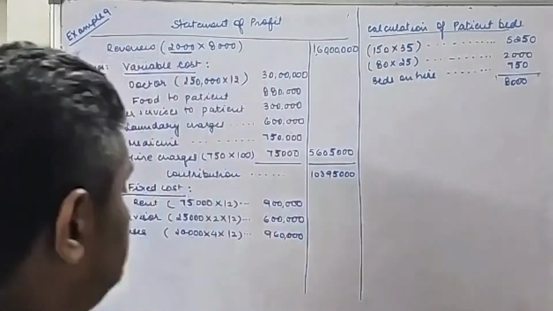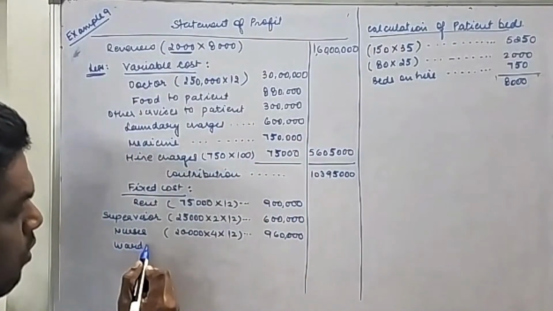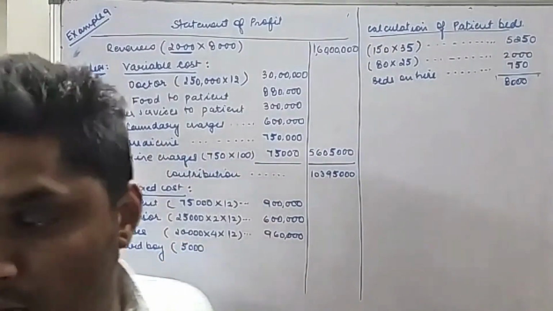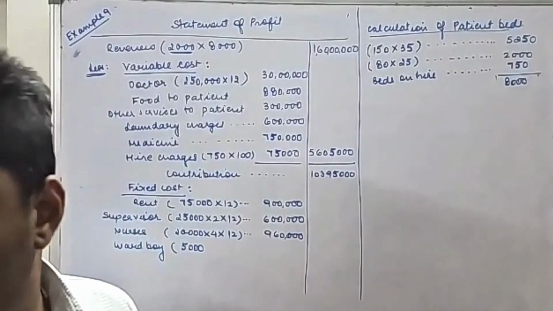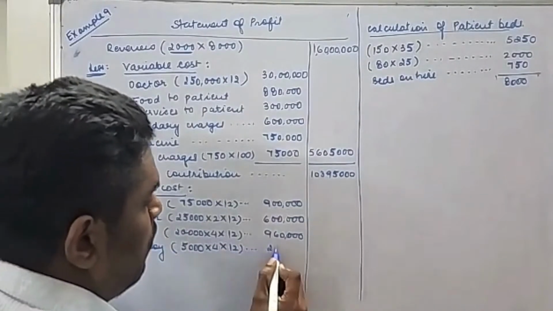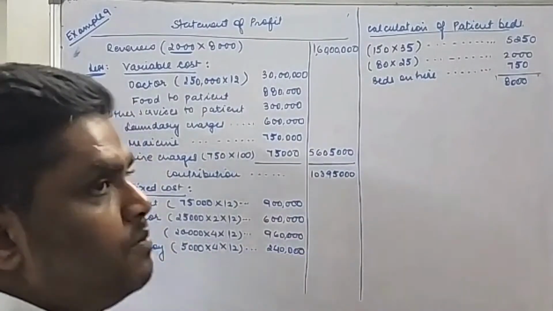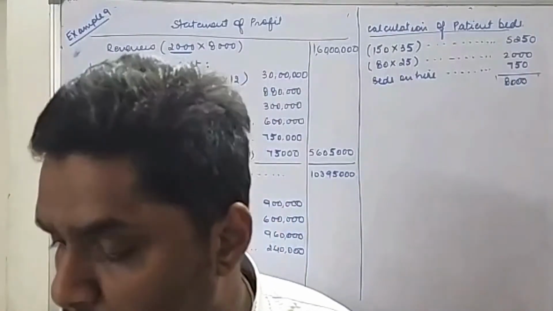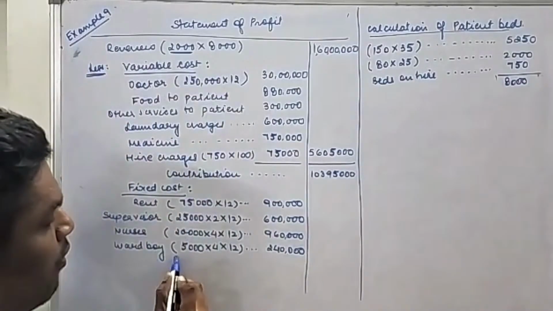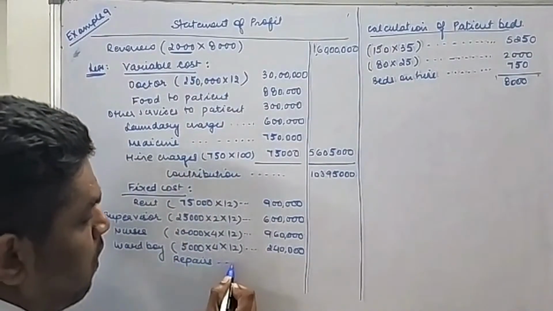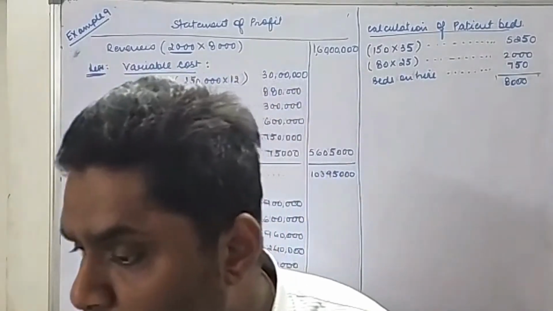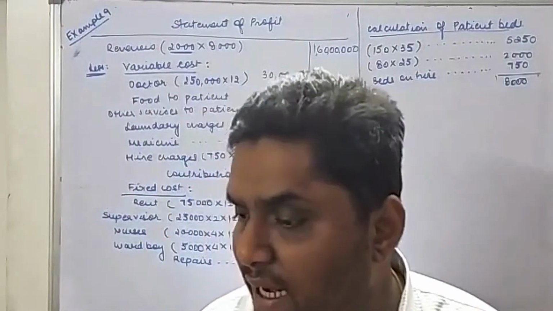Ward boys. Now repairs, it is 81,000. Next is other fixed expenses, 10,80,000.